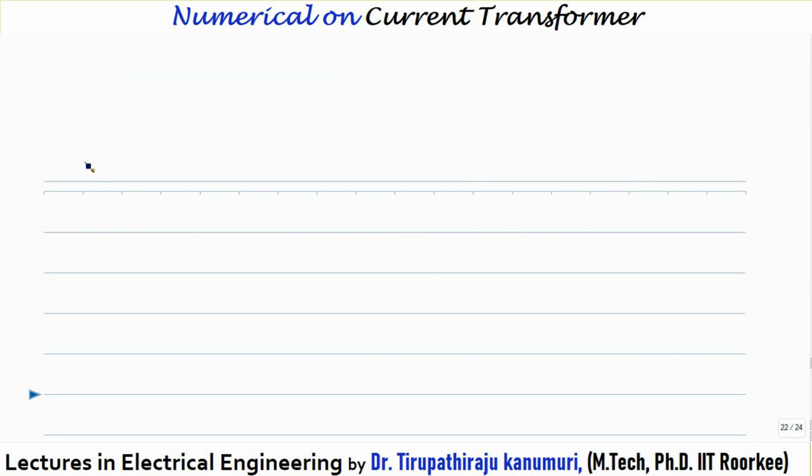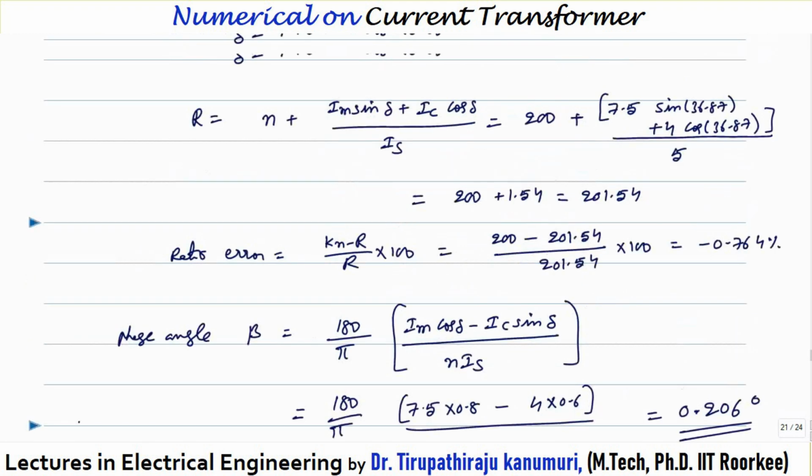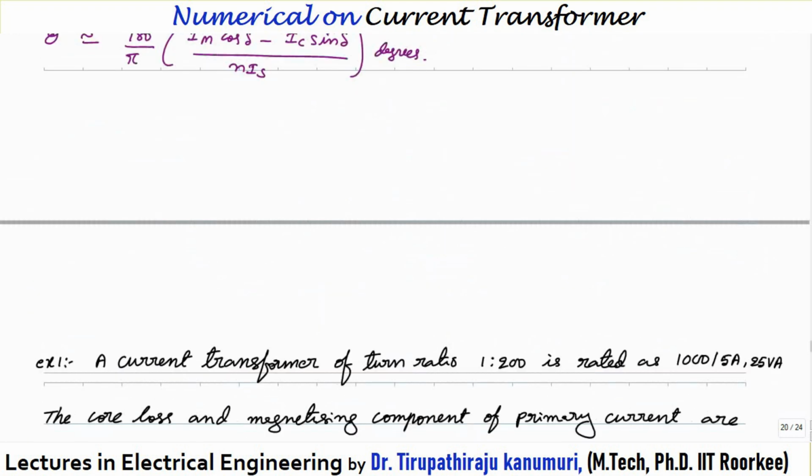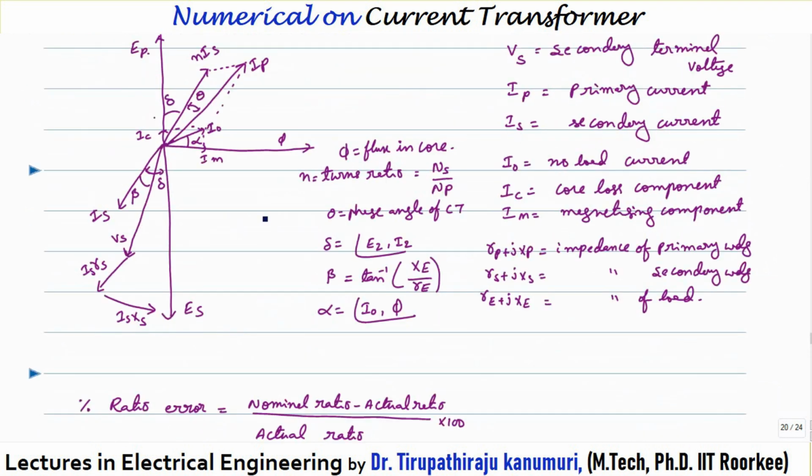Now coming to the second part, where the 0.8 power factor leading case is asked. Again, delta will be taken accordingly. Going back to the phasor diagram, in the leading case the current Is is leading Vs. That means beta comes to the other side.